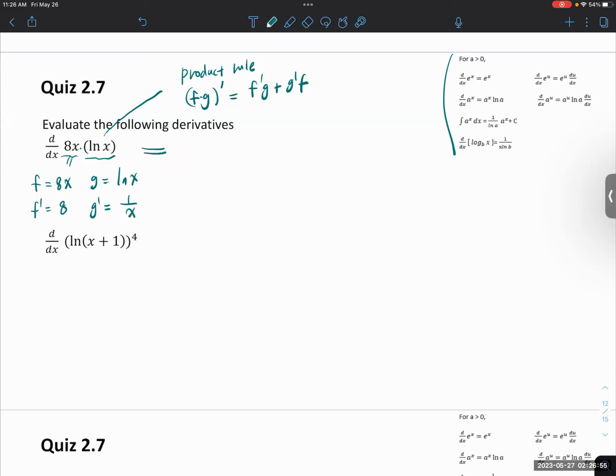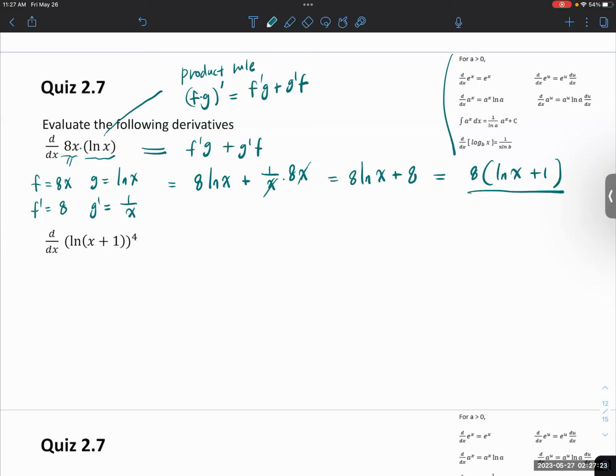So therefore, f prime g plus g prime f: f prime 8 times g ln x, plus g prime 1 over x times f, which is 8x, correct? So if you simplify, x is going to cancel. 8 ln x plus 8, I can combine the 8. So 8 times (ln x plus 1), that's your final answer.